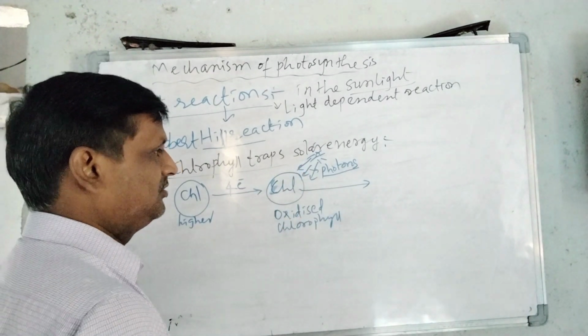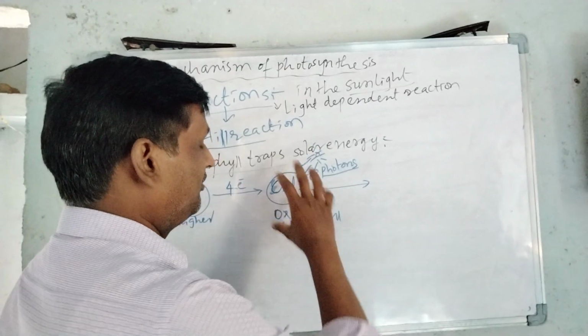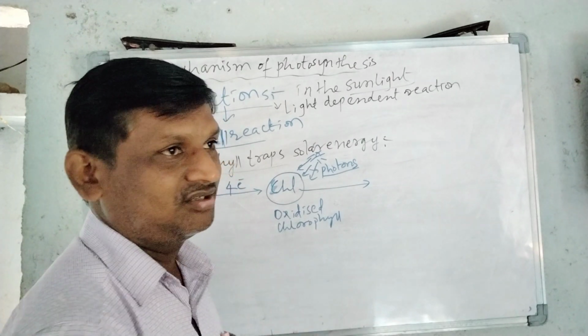So this oxidized chlorophyll can participate in the photosynthesis. Whenever the chlorophyll loses some electrons, it is in the oxidized condition.